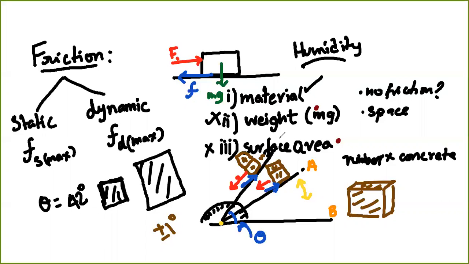So in that way, it is again coming back to material only. And for these reasons, it is very hard to do experiments on these materials in terms of friction.